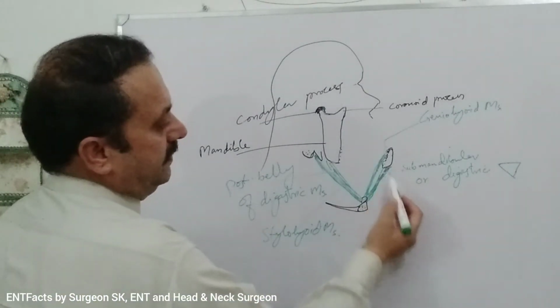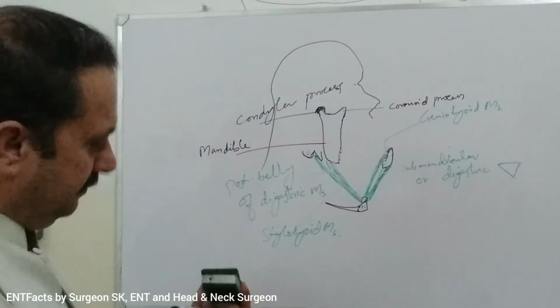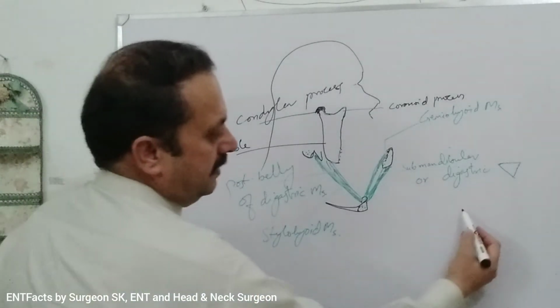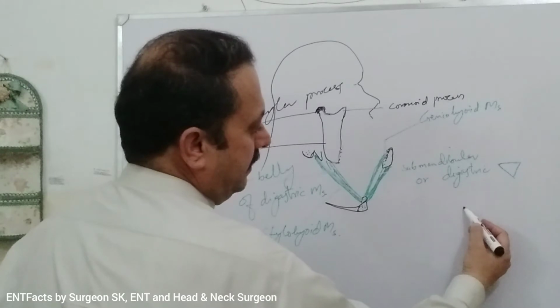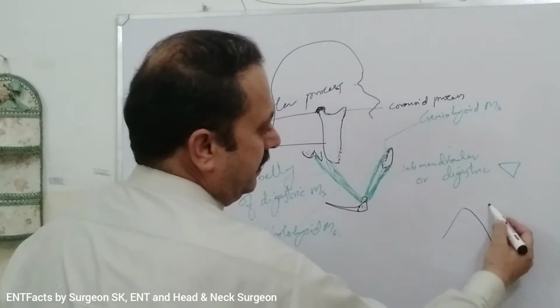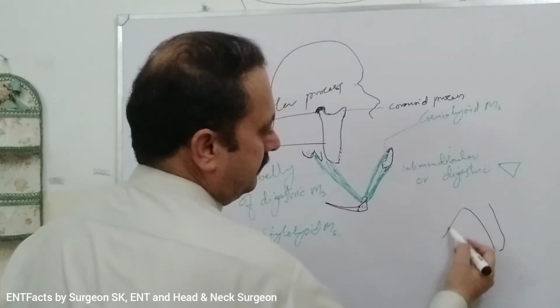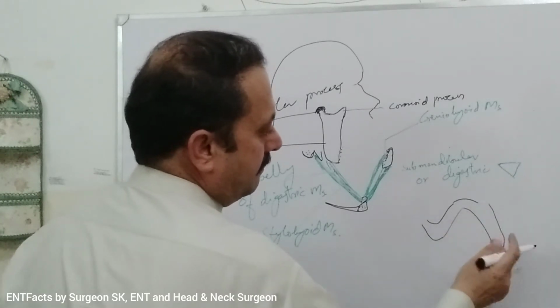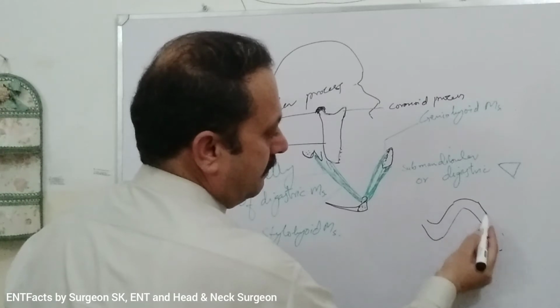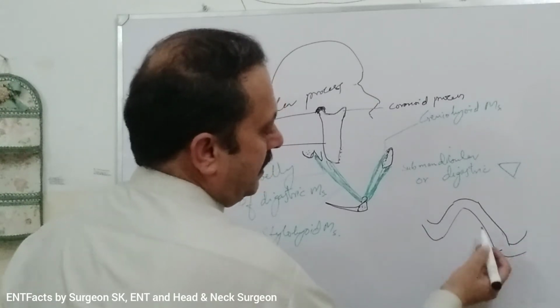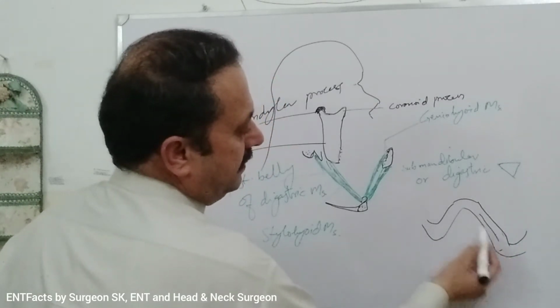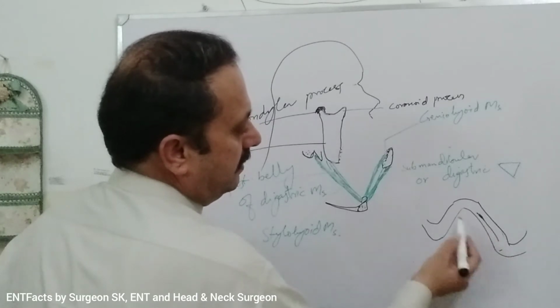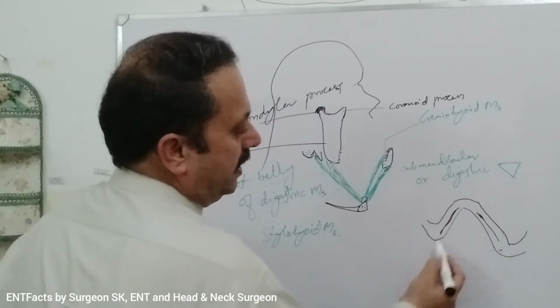From the inner surface, if I draw the mandible here, again the inner surface of the mandible like this, there is a line projection that is called the mylohyoid line.